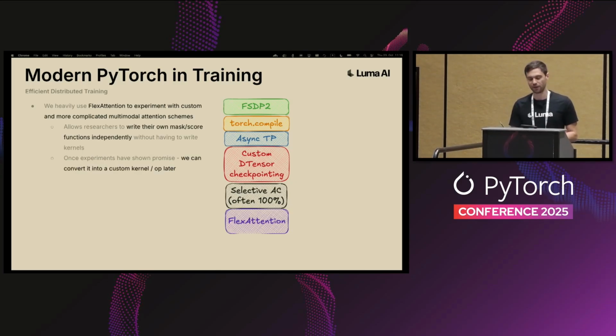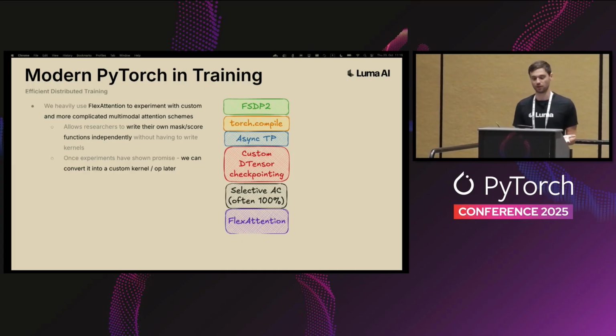The next thing that we heavily use, depending on the use case, for experimentation especially, and especially for complicated multimodal attention schemes, is flex attention. That allows our researchers and engineers to write their own mask and score functions completely independently without having to write kernels, which is, again, a huge increase in productivity.